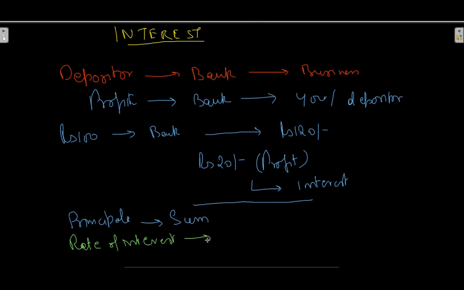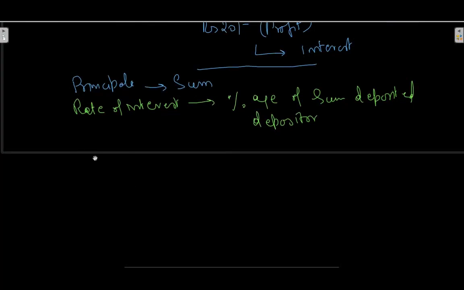Rate of interest is nothing but the percentage of the sum deposited that the bank will pay the depositor after the agreed time, after the pre-agreed time.